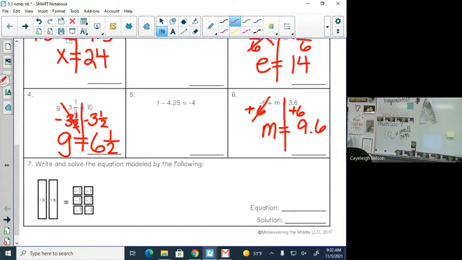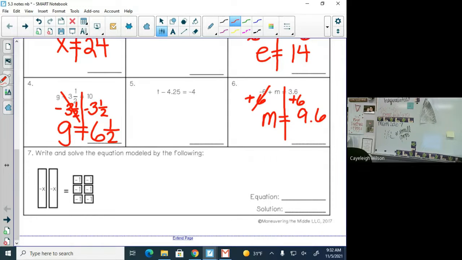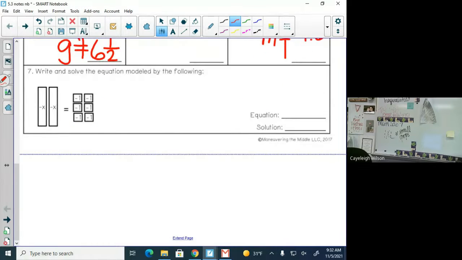All right, number 7. These are a little goofy, but these are called algebra tiles. So basically you just kind of put them together. So this right here, this is a negative 1x and a negative 1x. So what does that make right there? Negative 2x.